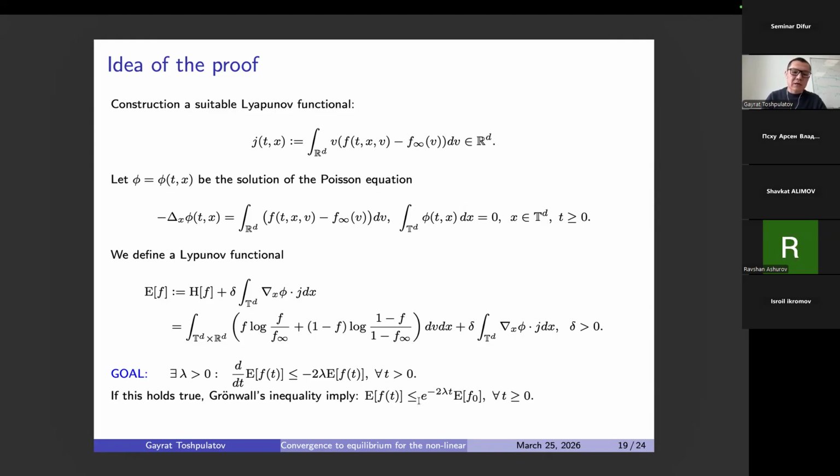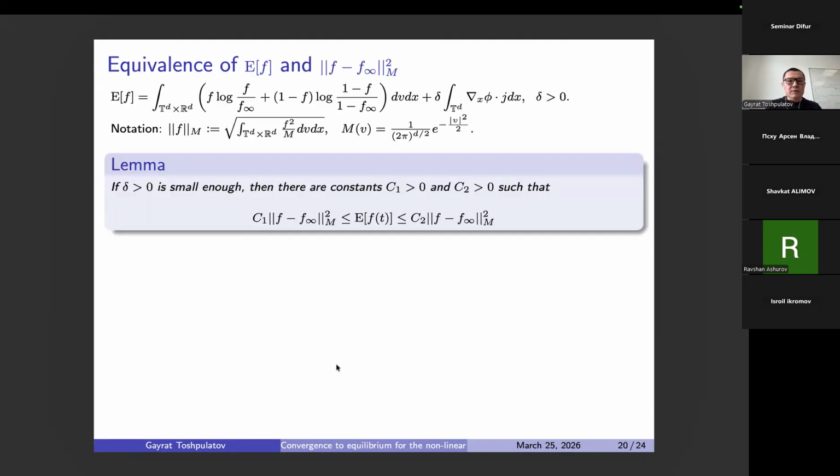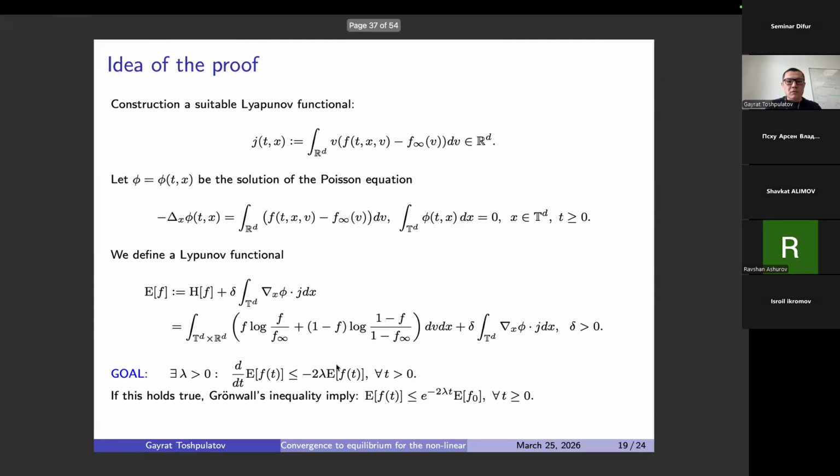So we can conclude this exponential decay. Our goal is to show this functional satisfies such a differential inequality. So the problem was to find this Lyapunov function.